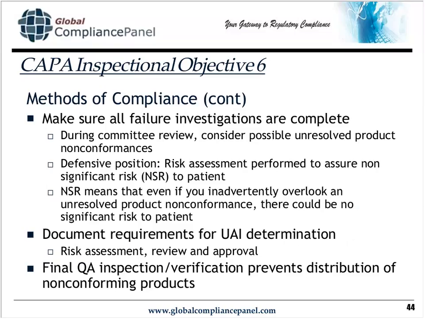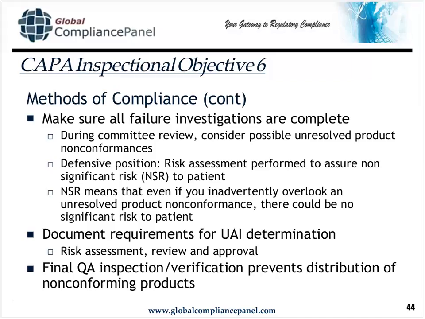I like to take at times a defensive position when I look at failure investigations from a risk assessment perspective. I perform a risk assessment to make sure that the risk to the patient is either absent or at worst insignificant. And I use that when I speak to the FDA when they inquire as to how I address risk assessment during my failure investigations.